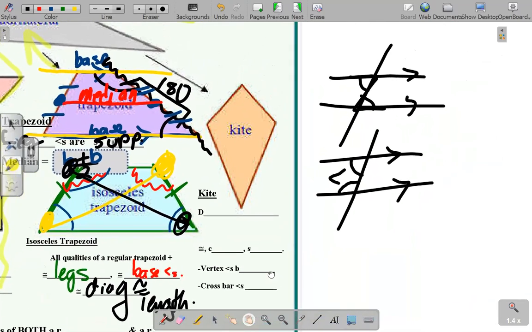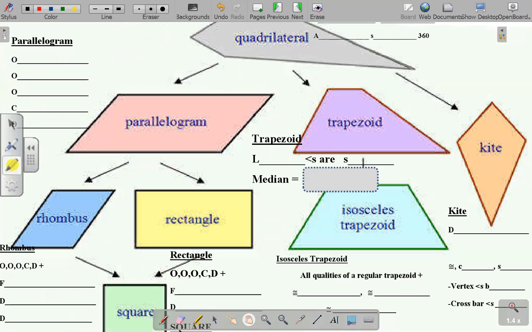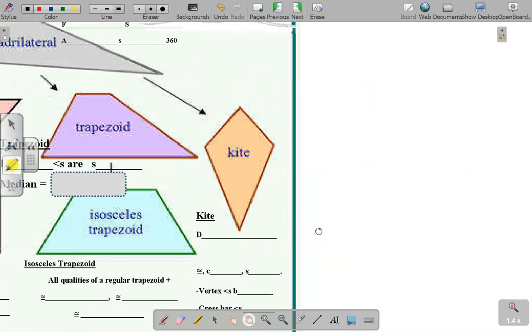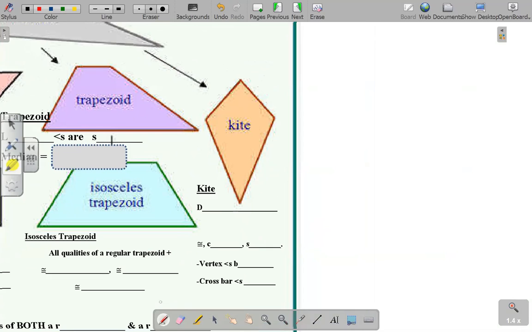Now we come to the humble kite. Okay. What makes a kite a kite? Congruent consecutive sides. Say that with me, guys. Ready?